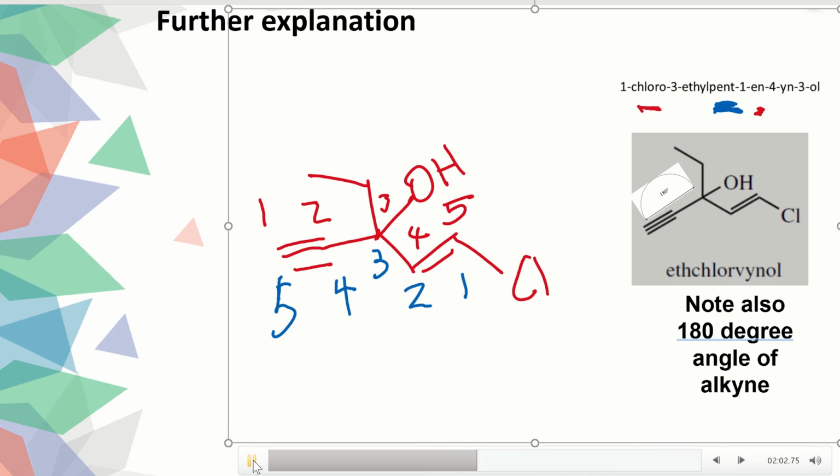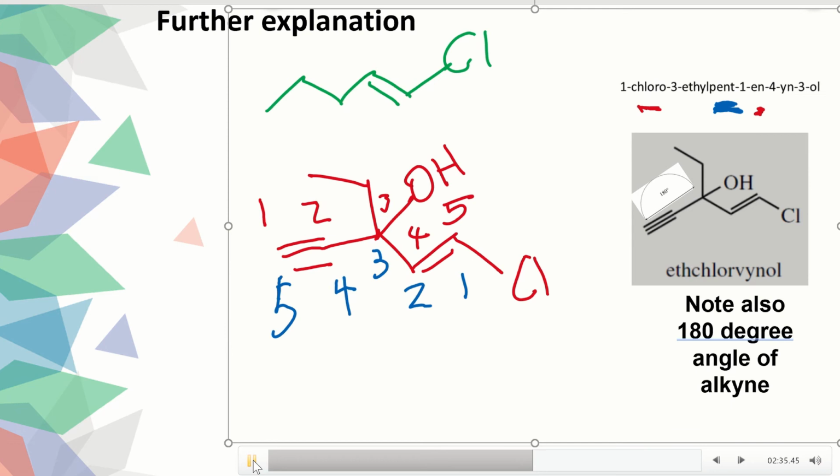So if we just draw, for example, let's say we're doing it blindly: 1, 2, 3, 4, 5 carbons. And we said, okay, at position 1, I have a double bond, which is why we have ene. And then I also have a chloro at position 1. There's no substituent at position 2.